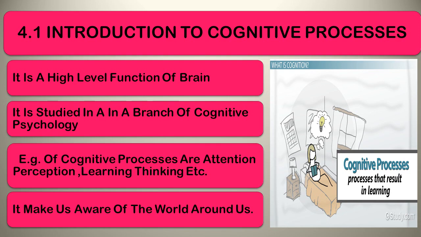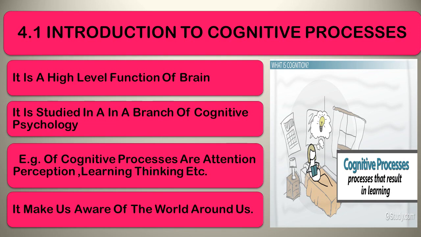Cognition also includes complex mental operations such as memory, learning, thinking, language use, problem solving, decision making, reasoning and intellectual. These cognitive processes include thinking, knowing, remembering, judging and problem solving. They are higher level functions of the brain and encompass language, imagination, perception, planning, etc.